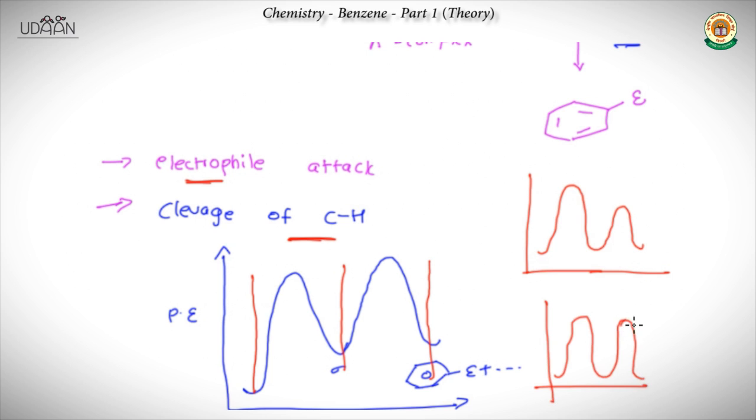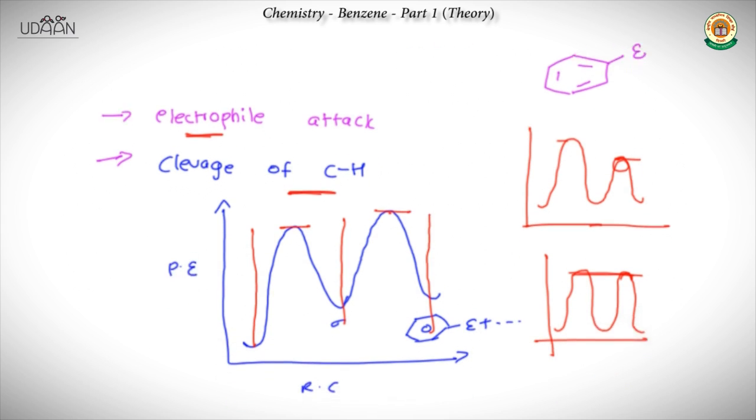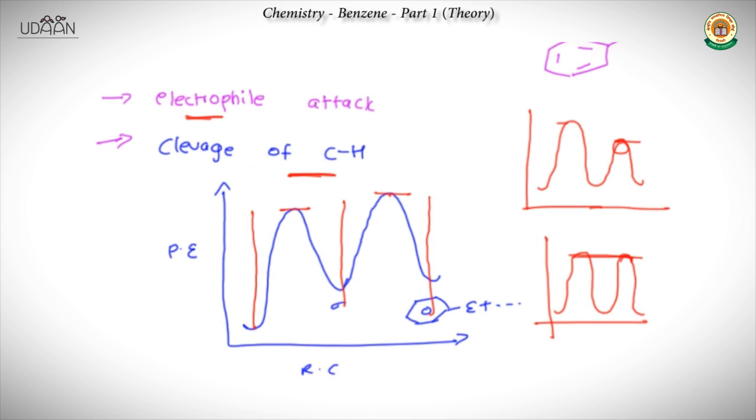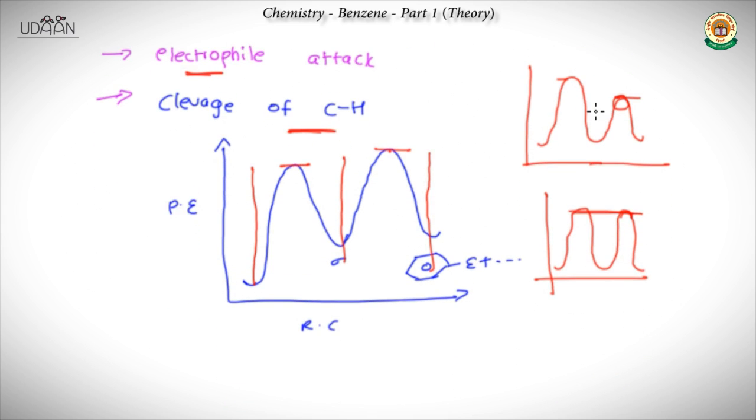Observe here, this peak is lesser than this peak, and here this peak is greater than this peak, and here both the peaks are at equal heights. This phenomenon is called the kinetic isotopic effect. You say that there is kinetic isotopic effect.